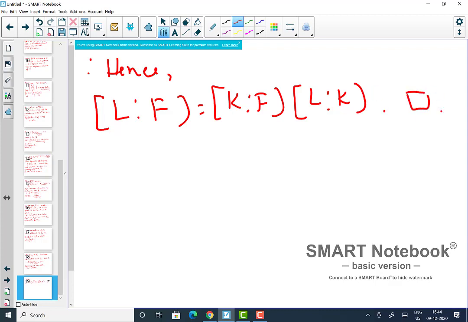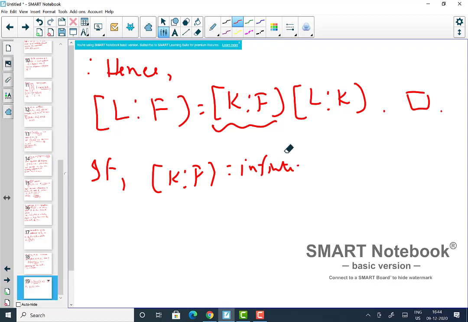Okay, so now if any one of those things is infinite, then what happens? So for example, if this K over F is infinite, then what happens? That means that there are infinitely many elements of K which are linearly independent over F, right?